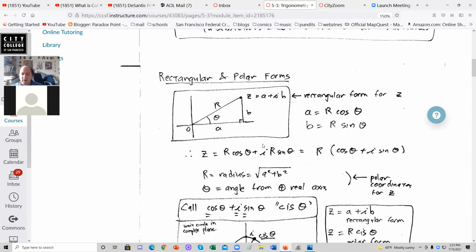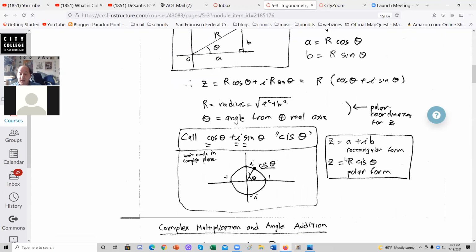Remove a common factor of r and get r times cos theta plus i sine theta. This writes the complex number with the radius part and the theta part separated, so you can think of them separately. r is the radius, root of a squared plus b squared, how far the point is from the origin. Theta is the angle from the positive real axis.